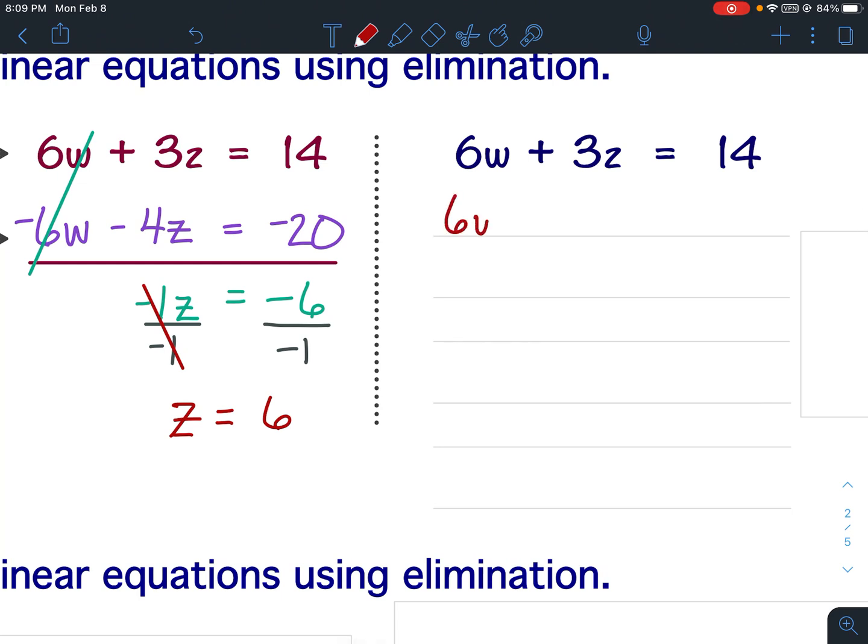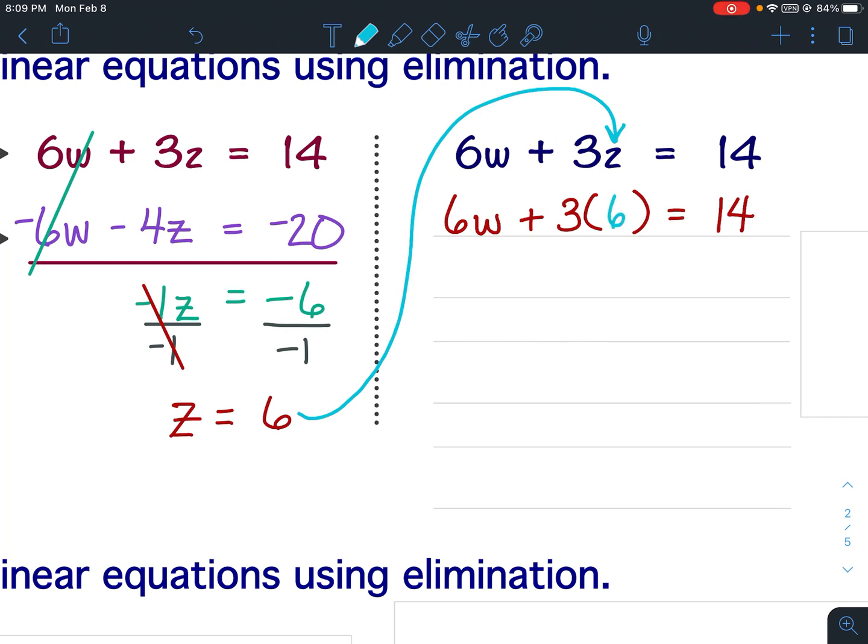So this is going to be 6w plus 3 parentheses equals 14. And the 6 is going to go in for the z. So now this will stay 6w, multiply, 3 times 6 is 18, bring down the 14.